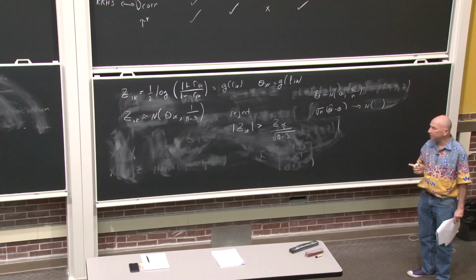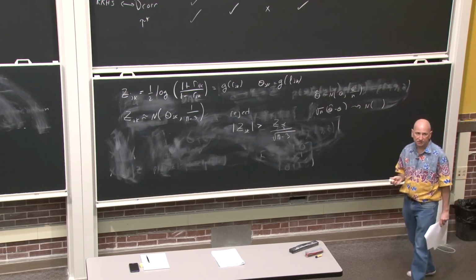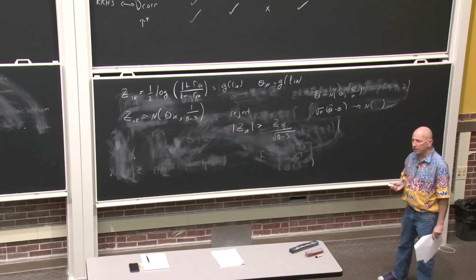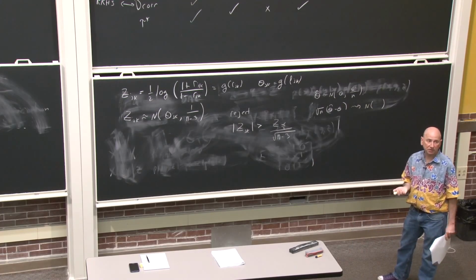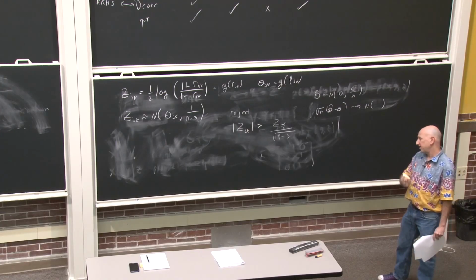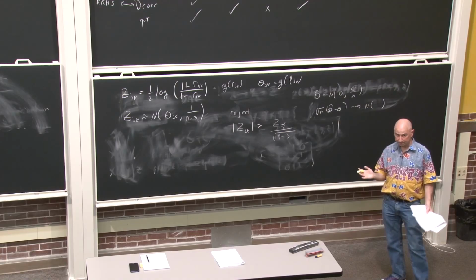However, there's a bit of a problem because we're doing this for every pair of edges. That creates a multiple testing problem, right? Remember, if we test a whole bunch of hypotheses at, say, level 5%, doing one test at the 5% level means the chance you'll make a type 1 error if the null is true is 5%. But if I test 1,000 of these things, we're going to start making all kinds of type 1 errors.